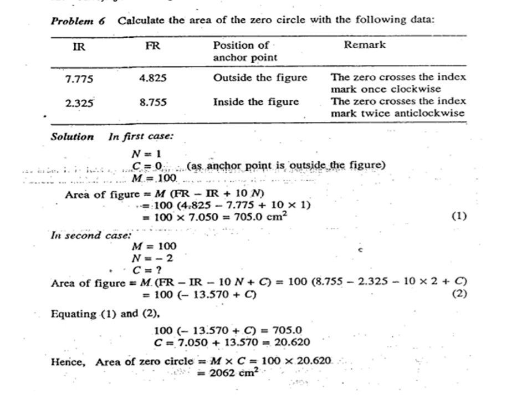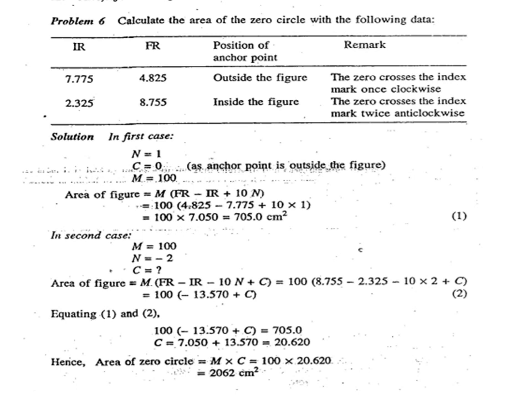Then we will consider case number 2, where the value of multiplying constant m equal to 100 and the number of times 0 crosses the index is -2, since it crosses 0 in anti-clockwise direction. C we have to find out.